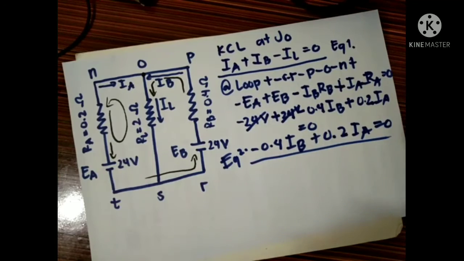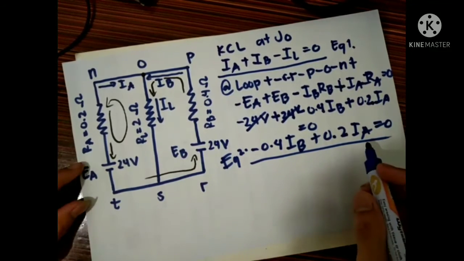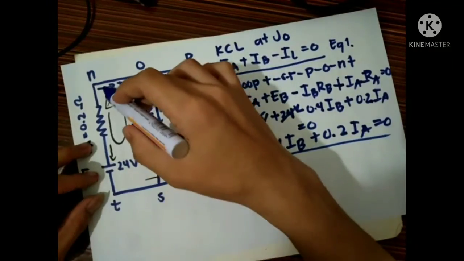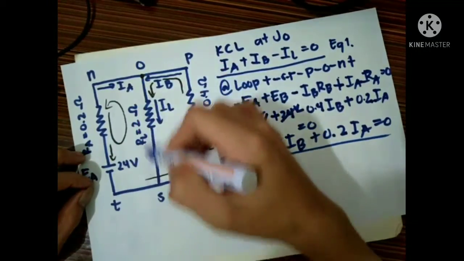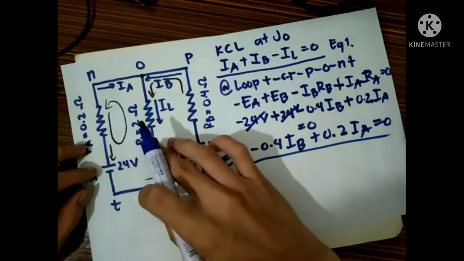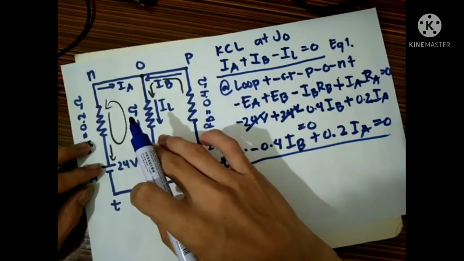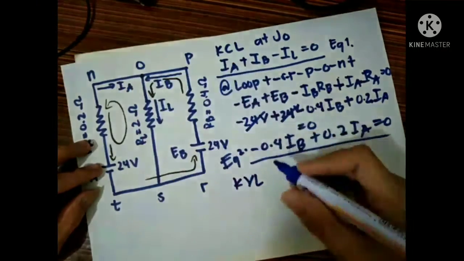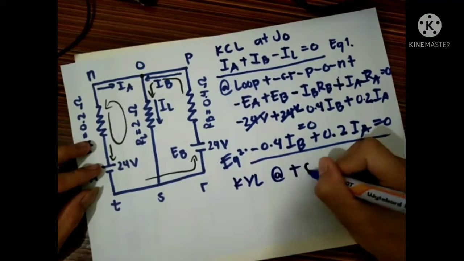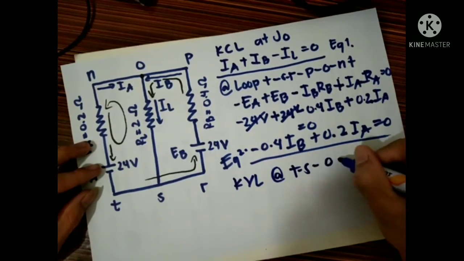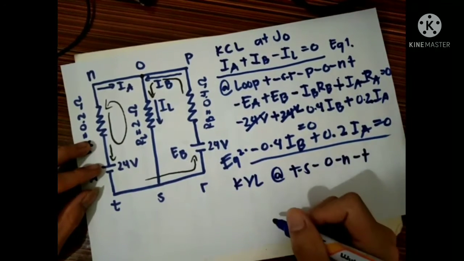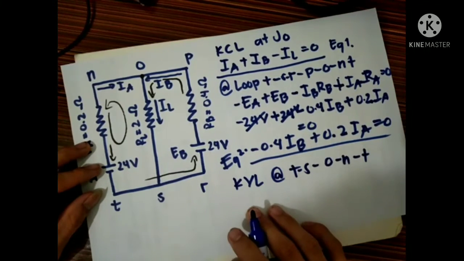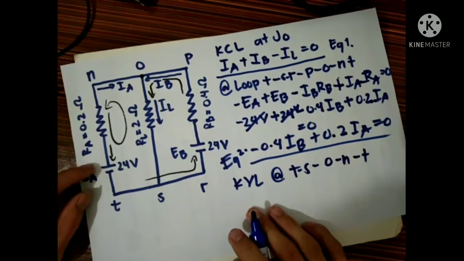Next, we also apply the KVL for the loop TSON, in the counterclockwise direction. We'll start from TS. At loop TSONT, we can create another equation.